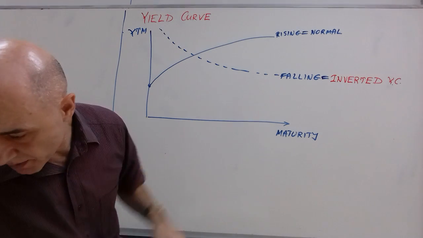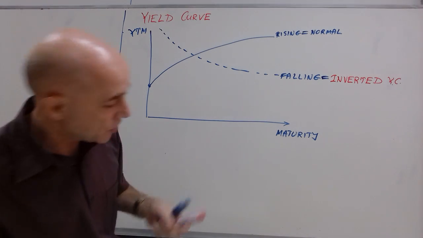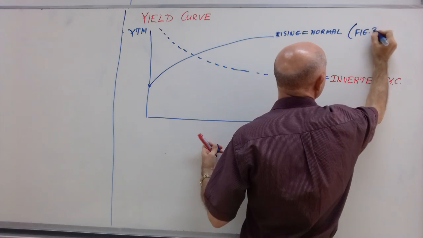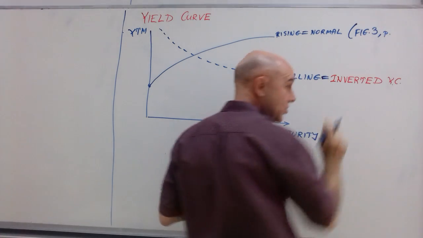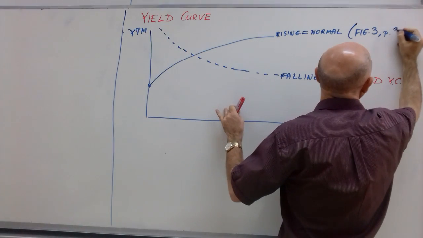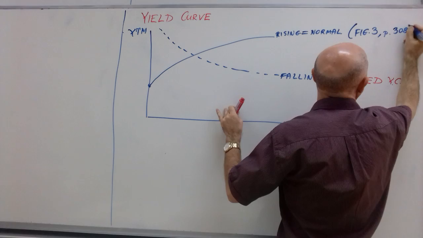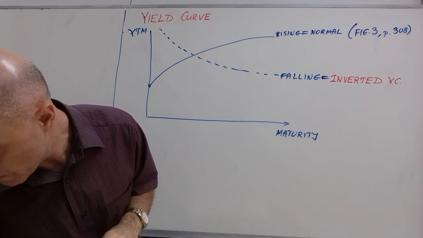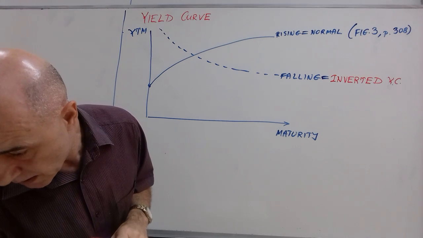All right. This rising normal, that's figure 3, page 308. All right.